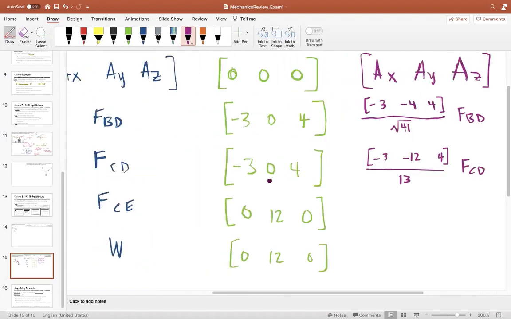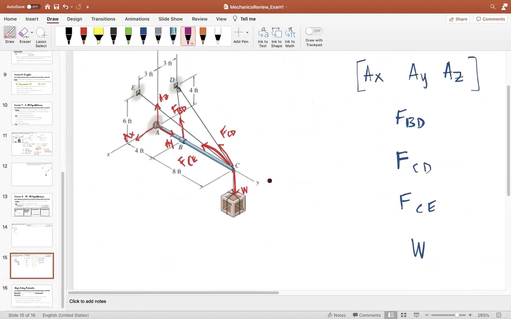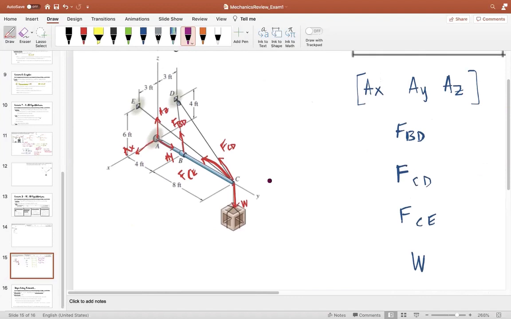Yep. All right. Someone get me FCE, or the position vector from C to E. 3, negative 12, 6. I agree.